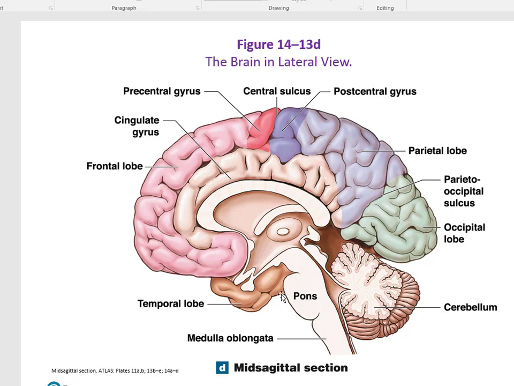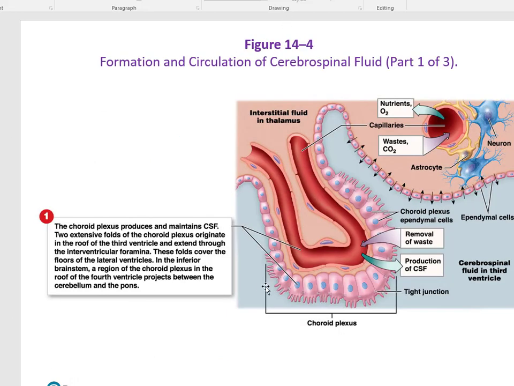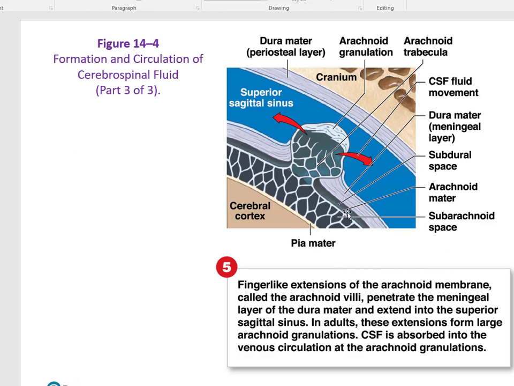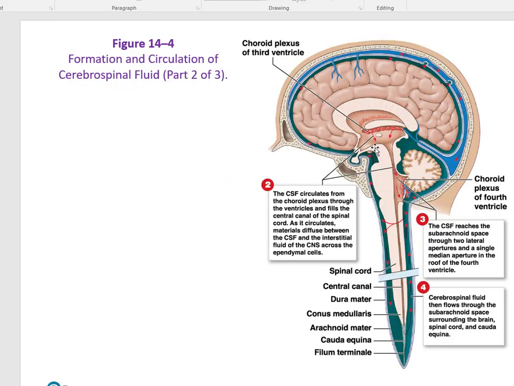It can also go down around the spinal cord. It can enter general circulation here at the dura mater, at those arachnoid granulations.